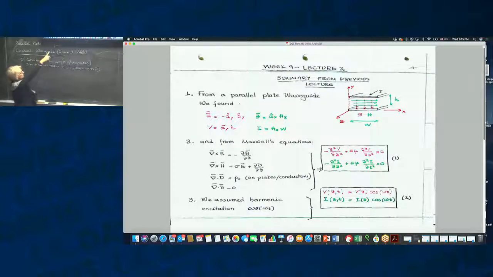And we talked about this specifically as we looked at this particular example of the parallel plate last time. All right, so these structures now, when this applies, create TEM waves.